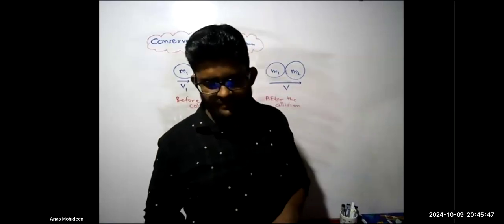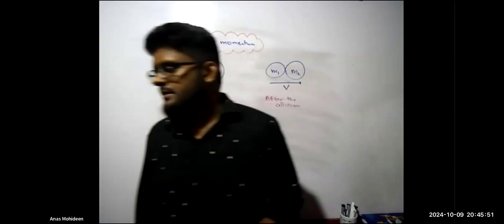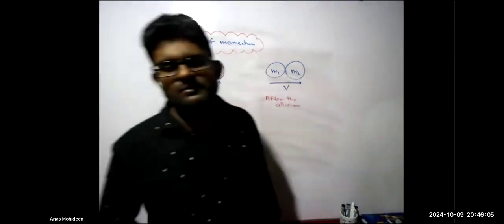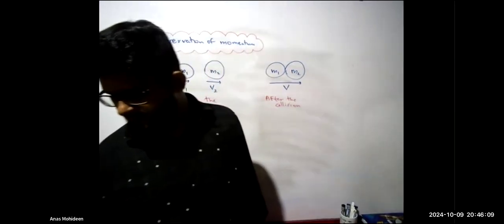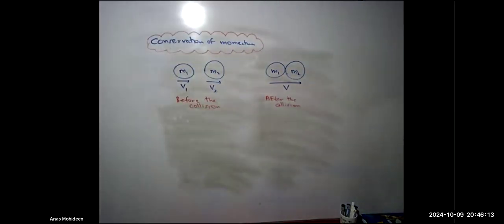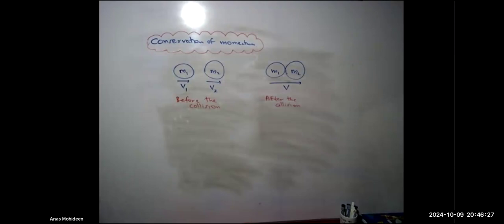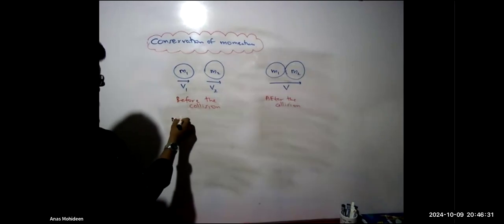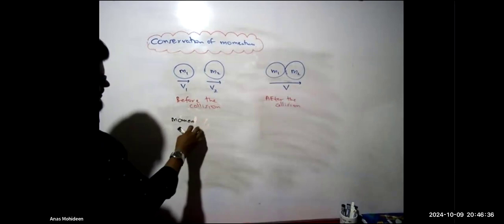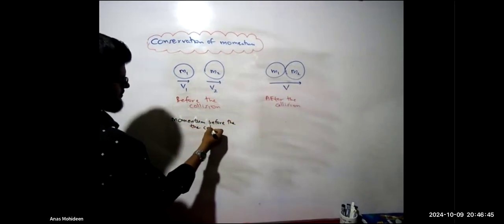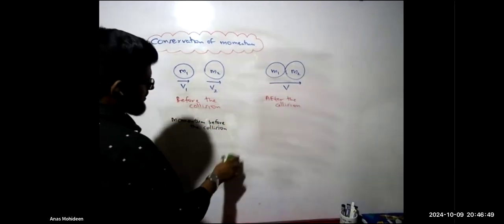It states that the total momentum of a system before the collision is equal to the total momentum after the collision.